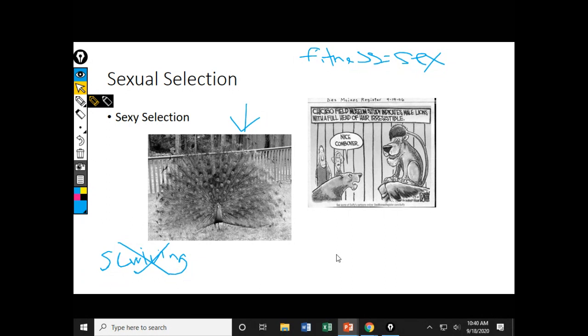In those situations, with that lion, sexual selection and natural selection are going in the same direction. His life is easy. Situations like the peacock, he's got a rough go. So sexual selection is a cruel mistress for some organisms.